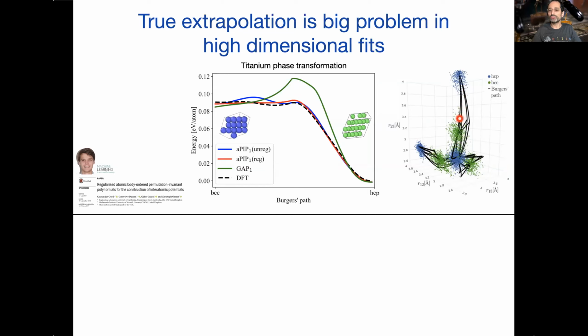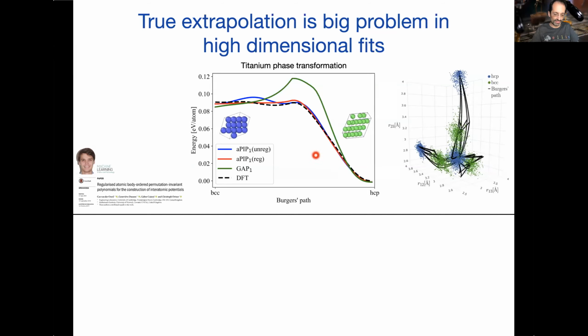And that's because there's no data here. So this transformation takes us through phase space where we don't have data. And where you don't have data, high dimensional fits make big errors. So that limits the amount of discovery that you can do. So I think we should try and fix this.